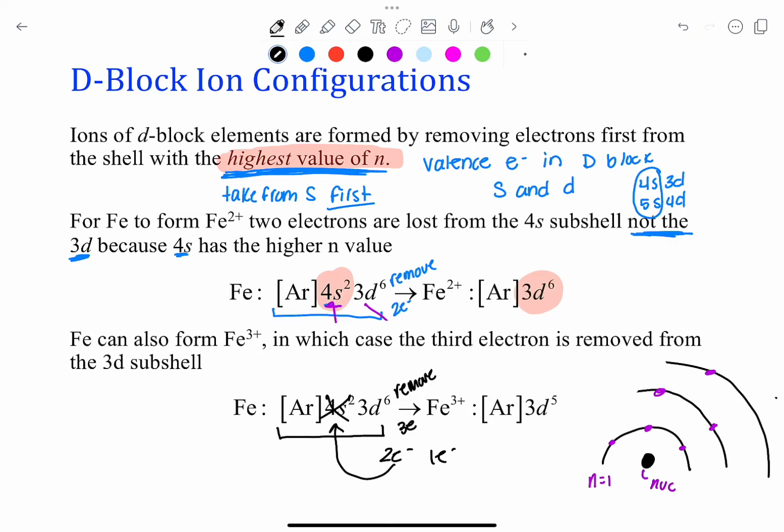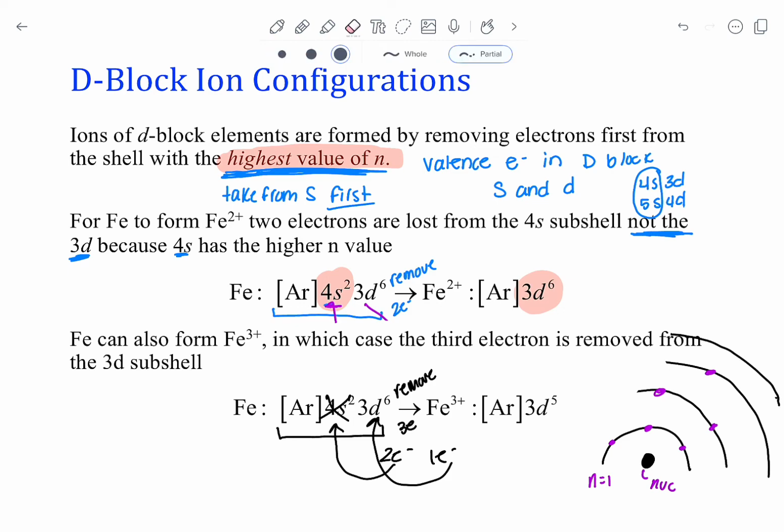And then that 1 extra electron is now coming from the d. So now that I've removed that outermost n, here's my 4, I'm going to draw it a quarter-way over there. Now that I've removed the electrons from the 4, I can now access the 3 to start taking away electrons from.